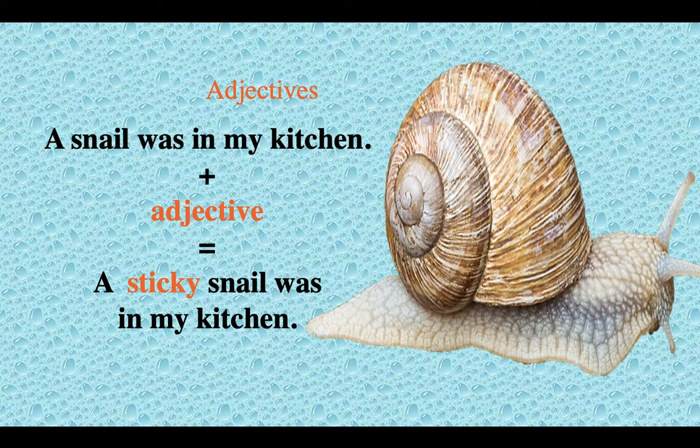So sticky describes the snail, how it looks. It's sticky or it's slow. Something which describes the snail is an adjective. Here snail is a noun. Also, you can notice that usually the adjectives come before the nouns.